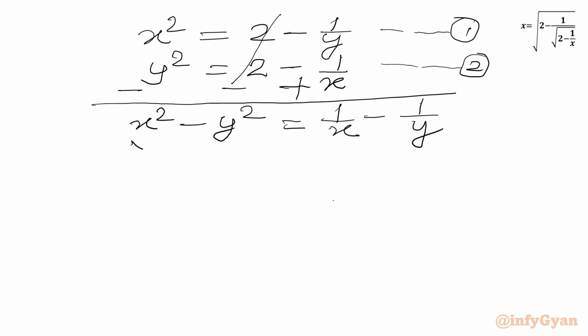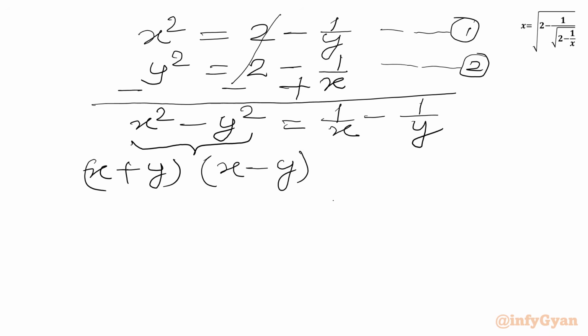Now we are going to use the difference of two squares identity here and we can write x plus y times x minus y equal to, we'll take LCM here, so we can write y minus x over xy. Now we will take all the terms to one side.